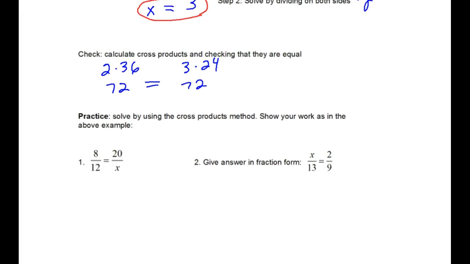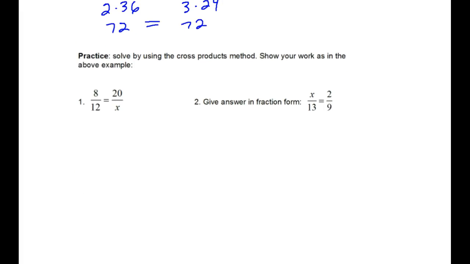A couple more down here for us to take a look at. So we want to practice by using the cross products method. That means we're going to multiply the things that are diagonal to each other. It doesn't matter which way I multiply, top right to bottom left or top left to bottom right. I'll do it this way. 8 times x is going to be equal to 20 times 12. 20 times 12 is 240.